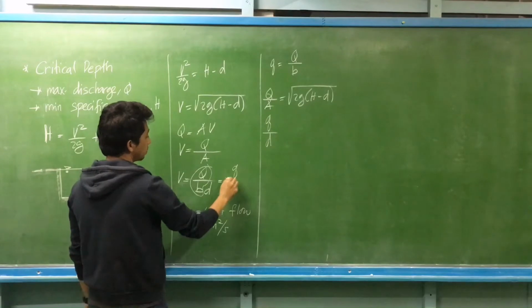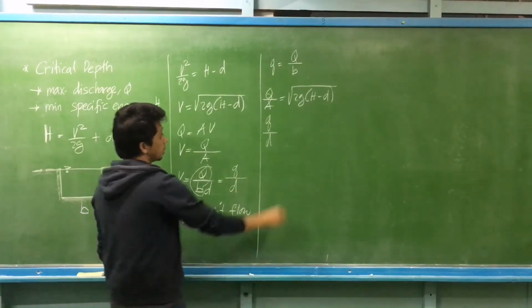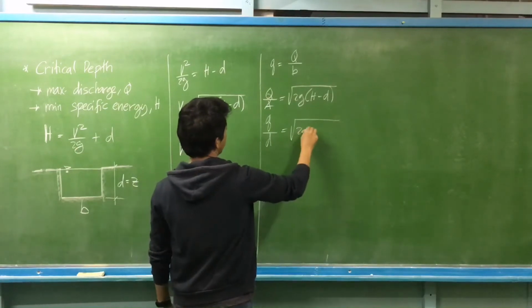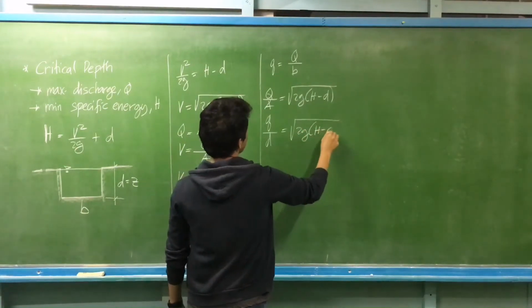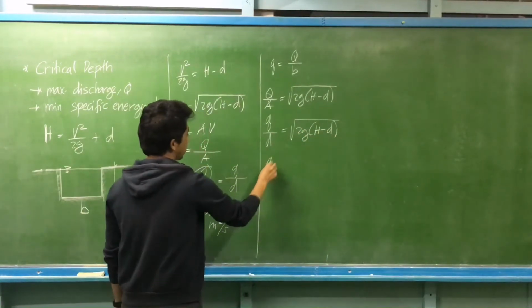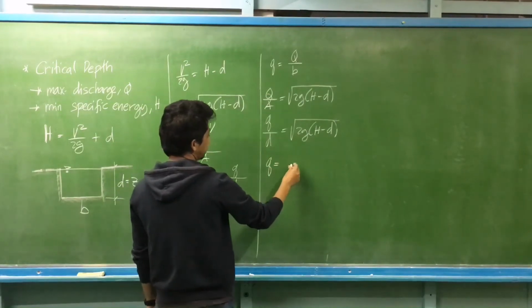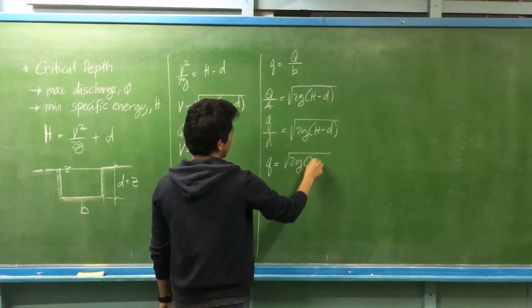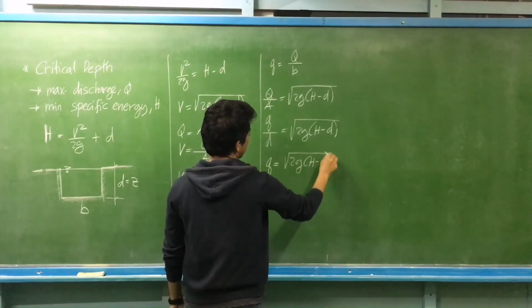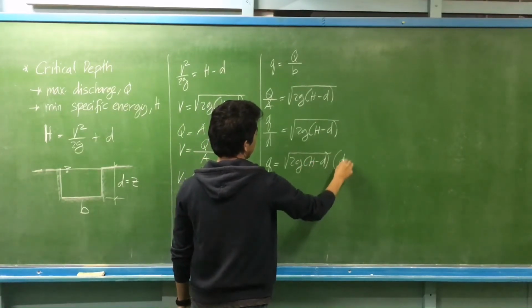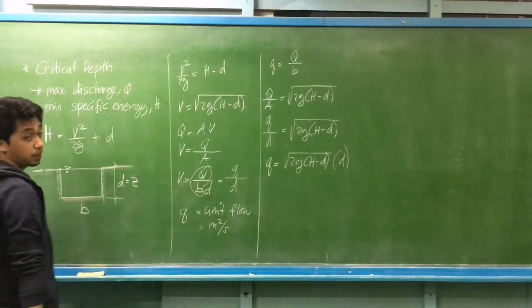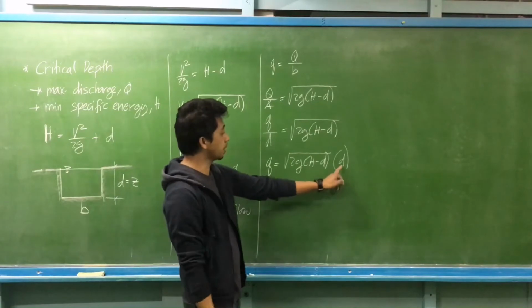So unit flow over the depth is equal to the square root of 2g times H minus d, or the unit flow is equal to the square root of 2g times H minus d, multiplied by d.